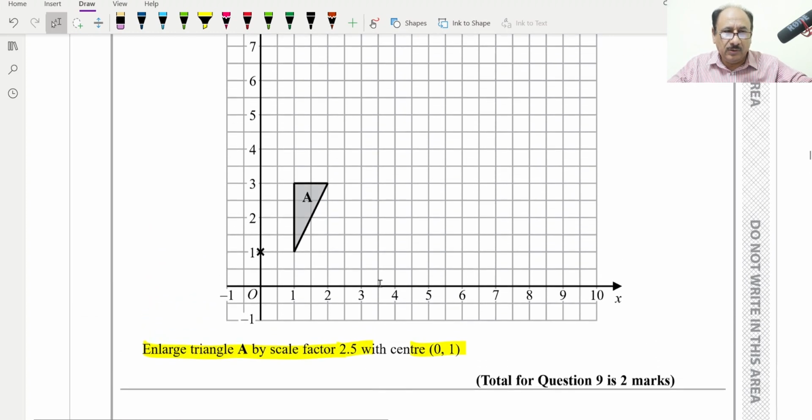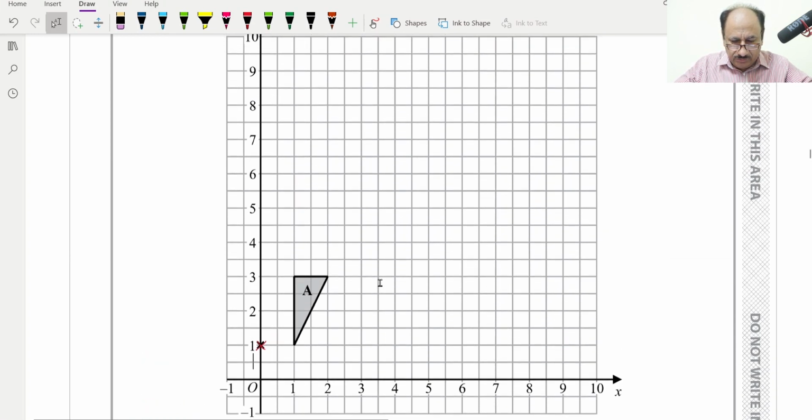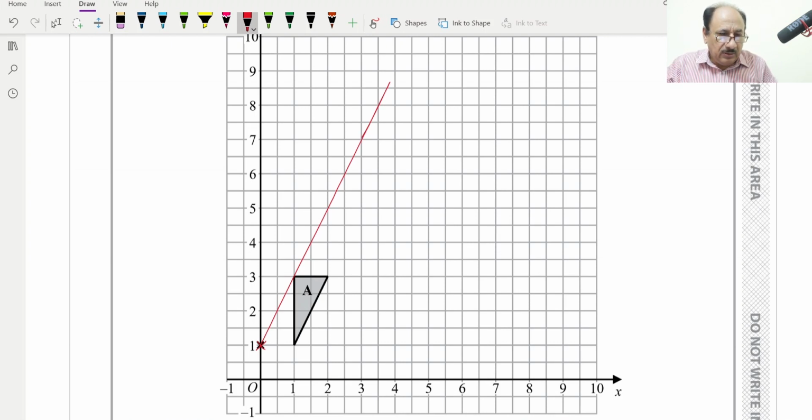Basically they have already pointed out this 0 1. From here we will draw lines touching the vertices of the triangle. We can draw this line from here like this, and the second line we can draw from here, which is also touching the vertices.